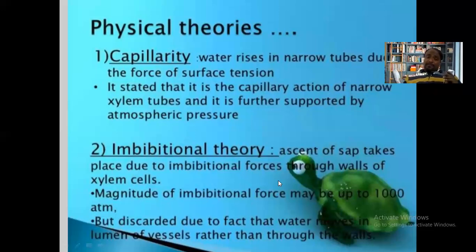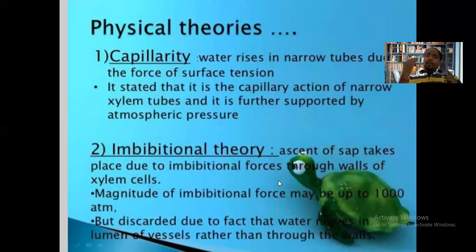But the magnitude of the force developed due to the absorption of water by the cellulose, what we call the imbibitional force, is very, very small, isn't it? It is not able to uplift the water in these trees. So that's why this theory is also not accepted.